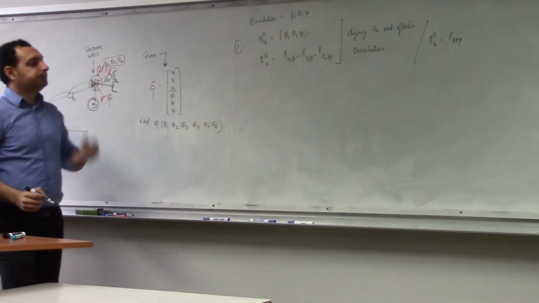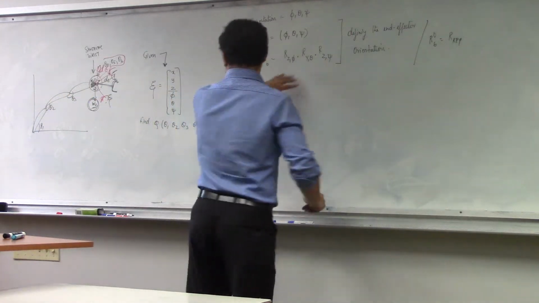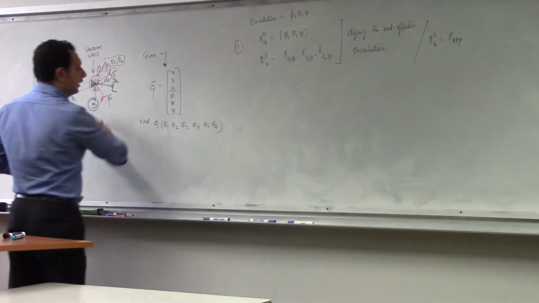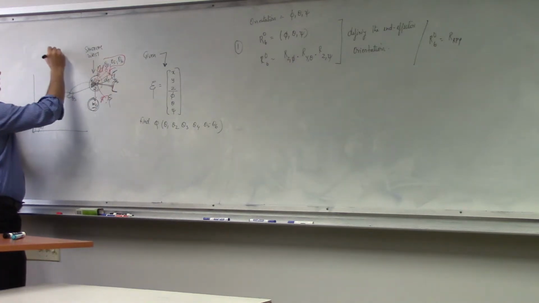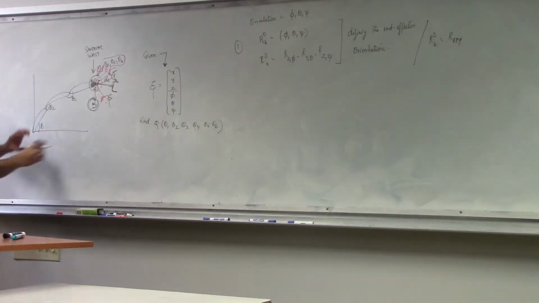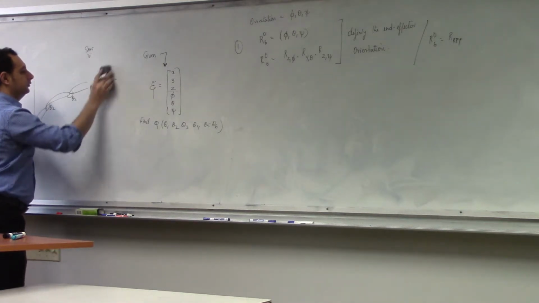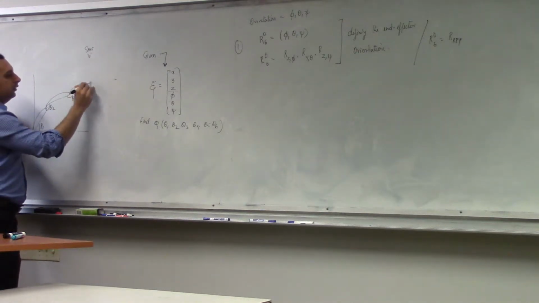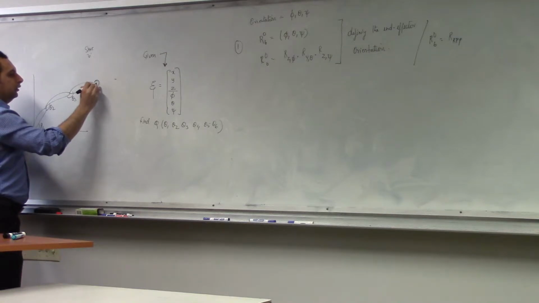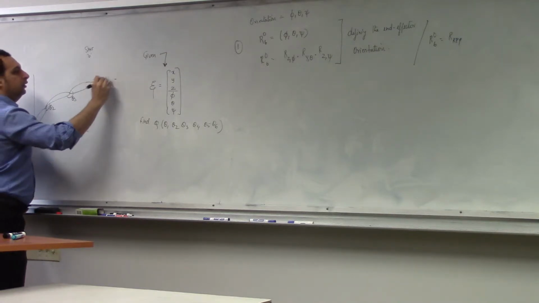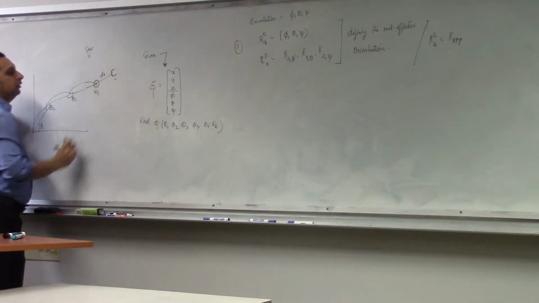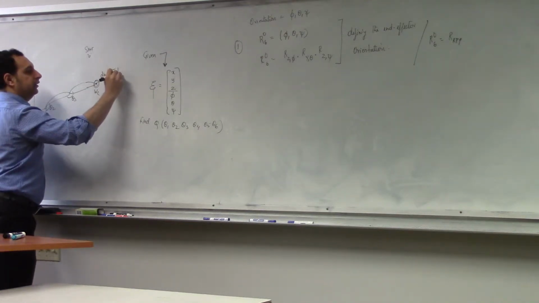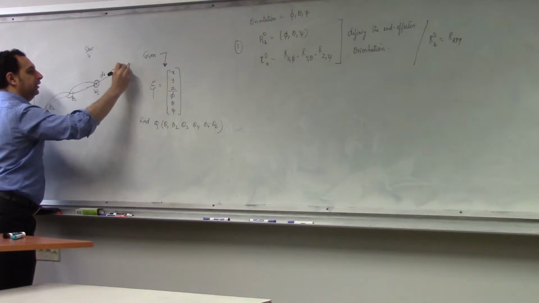Alright, so once you construct this matrix, we need to find WC. So what we do is we work backwards. So from here, if this is my wrist, and I know this point, x comma y comma z.